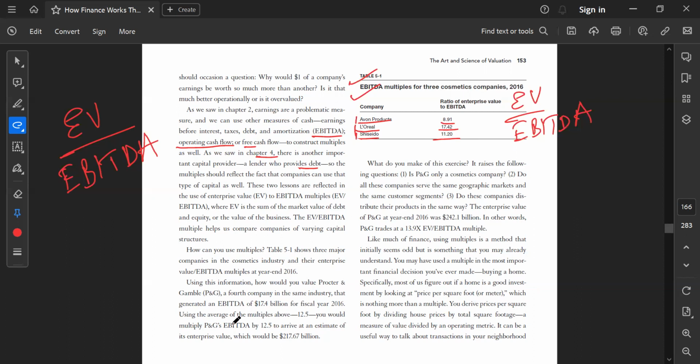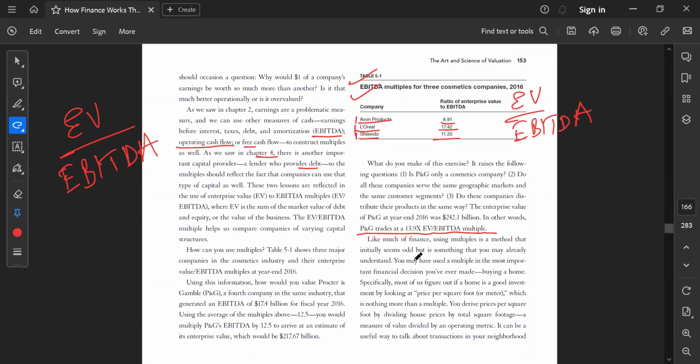So here it tells us to assume the Procter and Gamble's EV by EBITDA ratio. So Procter and Gamble trades at 13.9x EV by EBITDA multiple. So like much of finance using multiples, okay.